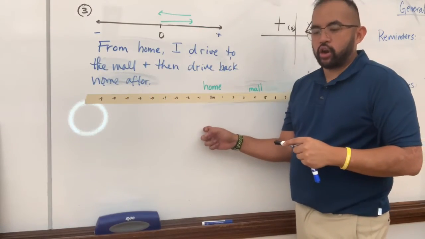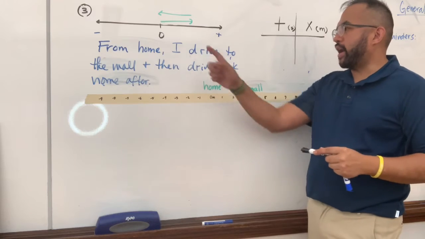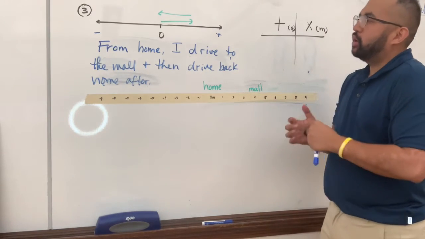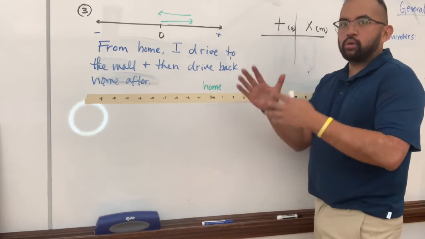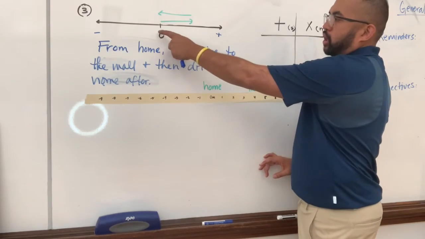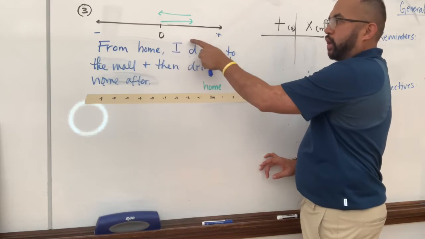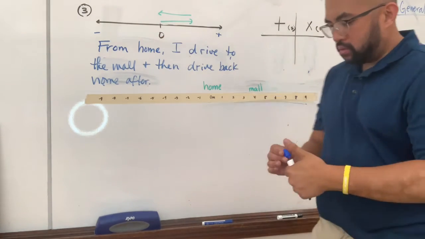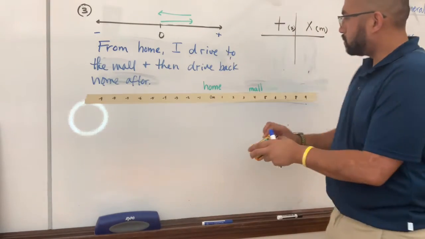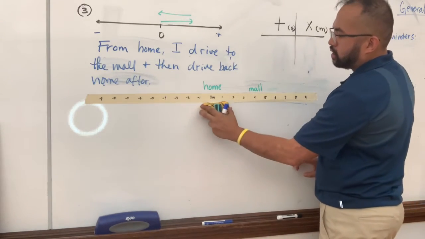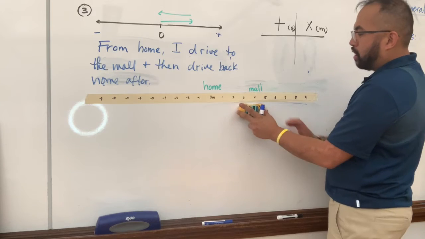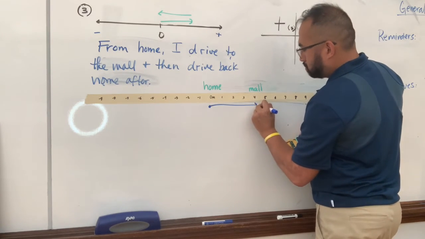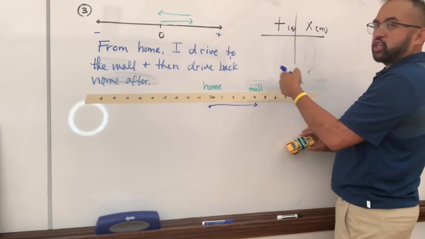Okay, so let's look at scenario 3. From home, I drive to the mall and then drive back home afterwards. So if you look at a general diagram, you're starting off at 0, going a certain distance and heading right back. So let's say you take your car. How will we visualize this? So we're taking our car, we're driving to the mall. So at time 0, your position is still 0.